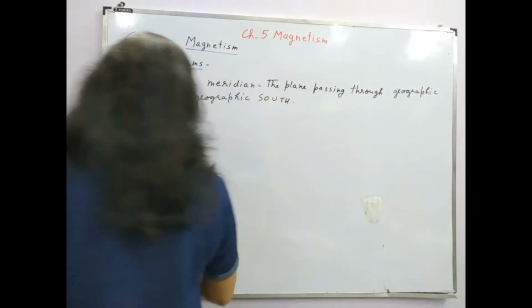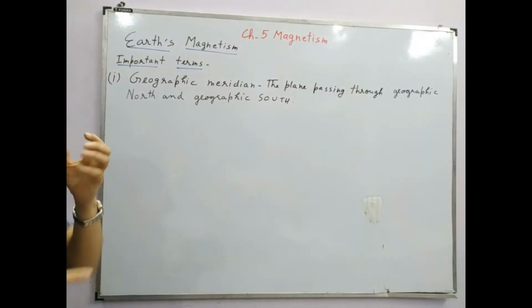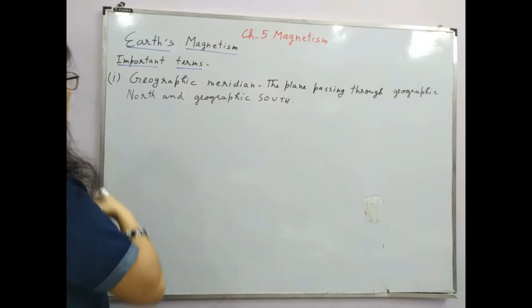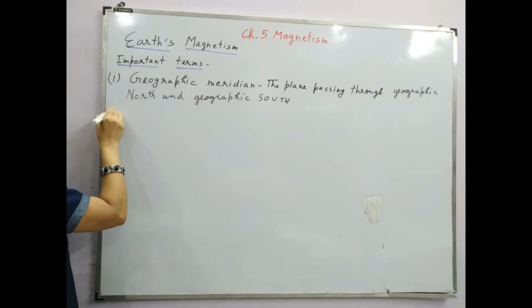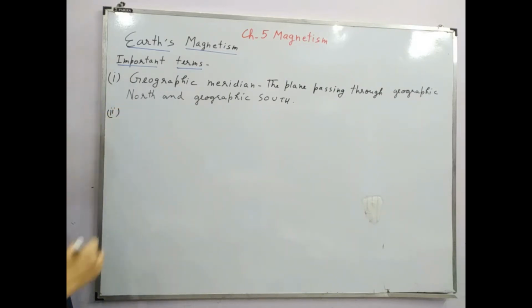So what is meant by geographic? The actual northern pole which we understand in our daily life. But we have one more type of north and south poles.